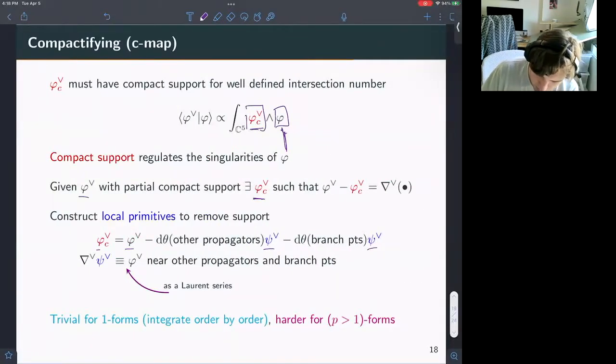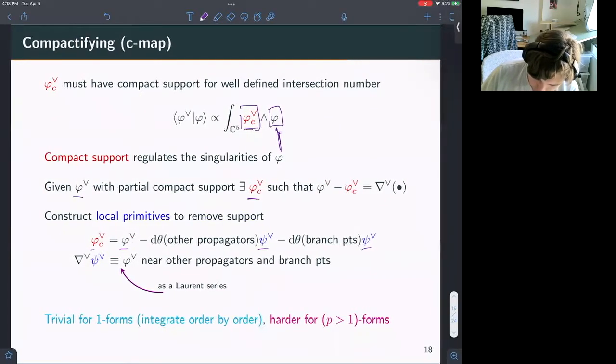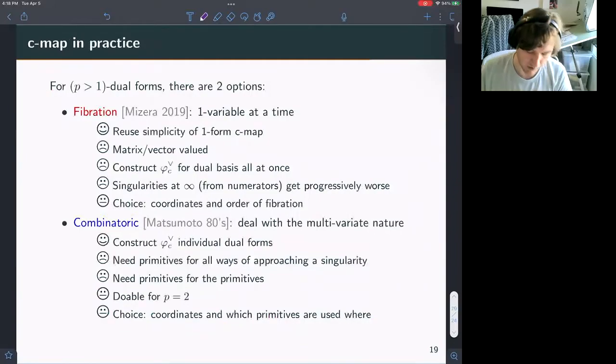And these primitives, we don't have to know them exactly. We can compute them algebraically since it's just a series. We just need them as a Laurent series around these singularities. So it's trivial for this one-dimensional case for one forms, but it gets a lot harder when we're looking at say 3 forms or higher.